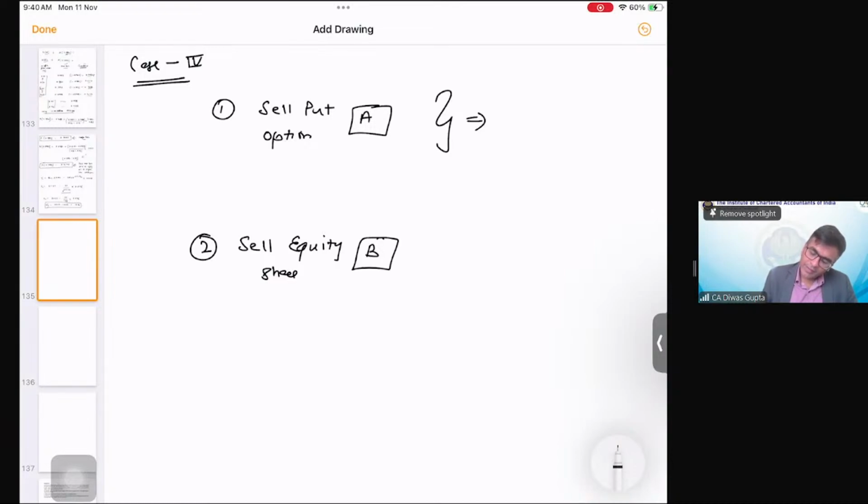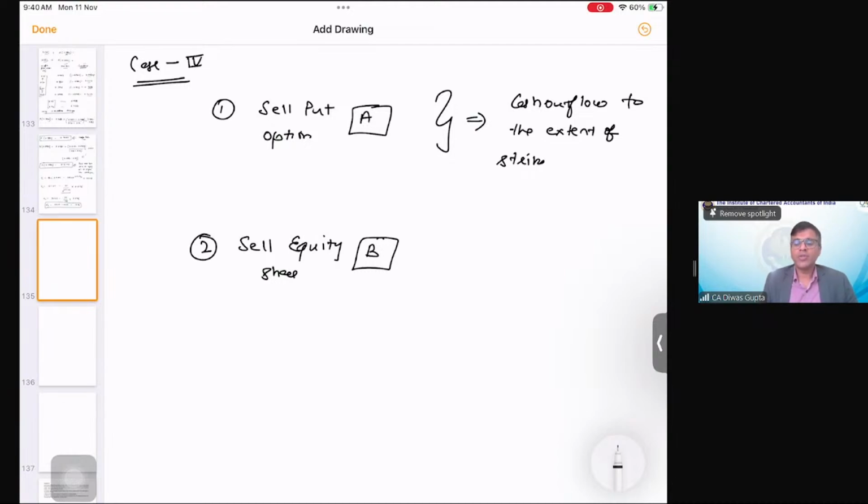So this will give us the cash outflow to the extent of strike price, right?